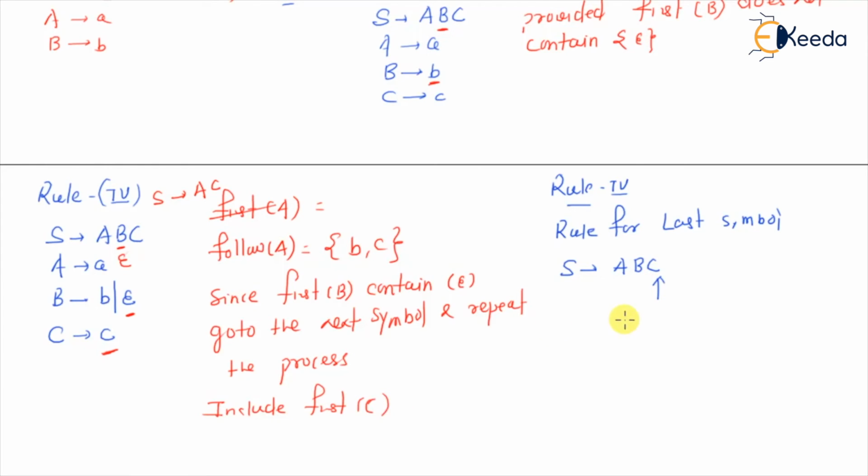If S derives ABC, and I ask you to compute follow of C, then what is the problem in computing follow of C? That after capital C there is no symbol.